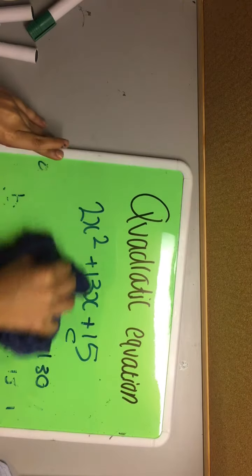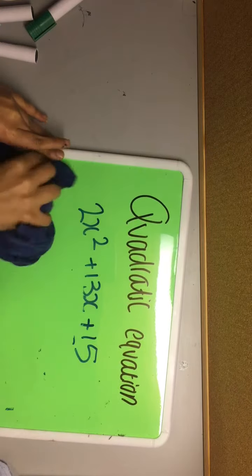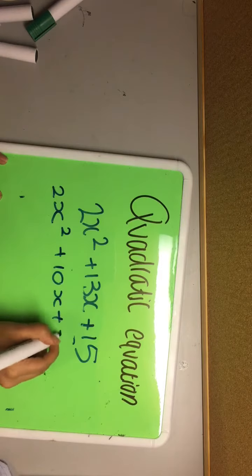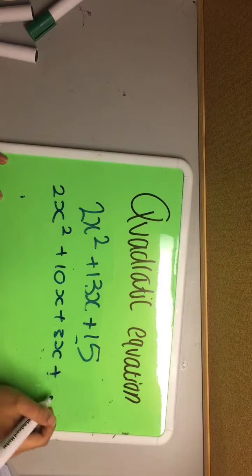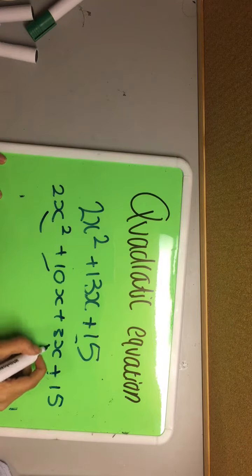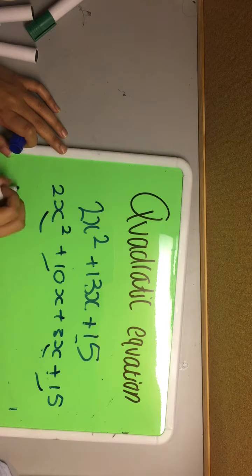In this case it is a bit different again, because we now have a number before x squared. So let's see how to do that. You can write this in any order. We're just going to split the 13x: 2x squared plus 10x plus 3x plus 15. We'll split these two together, and these two together. The highest common factor of the first pair is 2x.